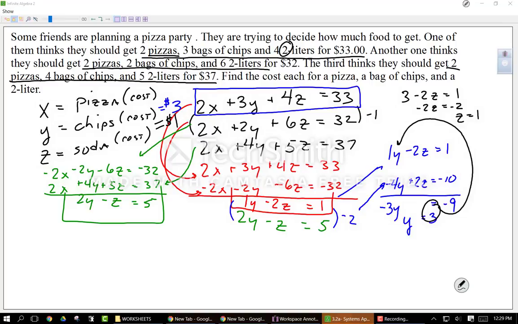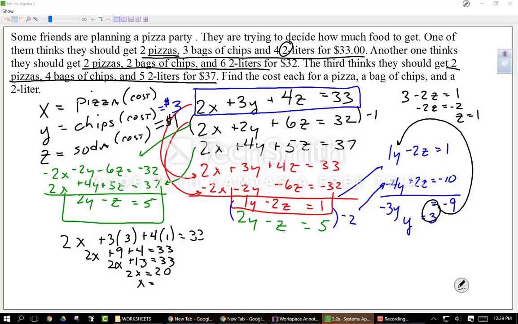So 2x plus 3 times each chip was 3, plus 4 times each soda was 1, equals 33. 2x plus 9 plus 4 equals 33. 2x plus 13 equals 33. 2x equals 20, and x equals 10. So what stands for 10? That is the cost per pizza. So I know the cost per pizza is $10, the cost per chips is $3, and the cost per soda is $1.